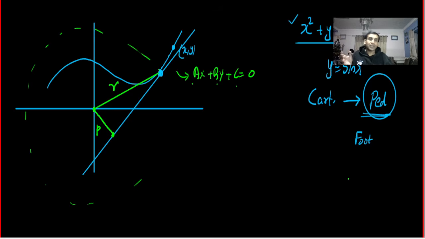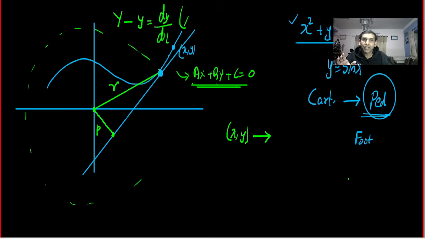So once more, you will be given a Cartesian equation. The first thing to do is you write the equation of the tangent. You might remember from your high school, equation of tangent is y minus y1 equal to slope, slope is dy by dx, into x minus x1. Simplify the equation into ax plus by plus c equal to 0 and find p.